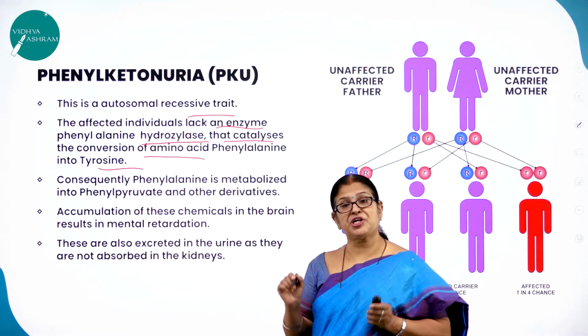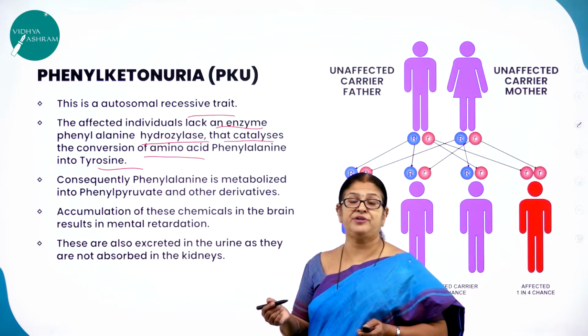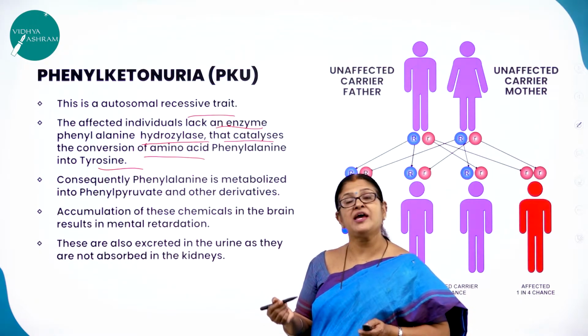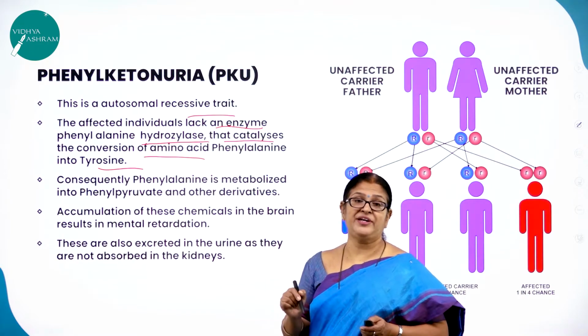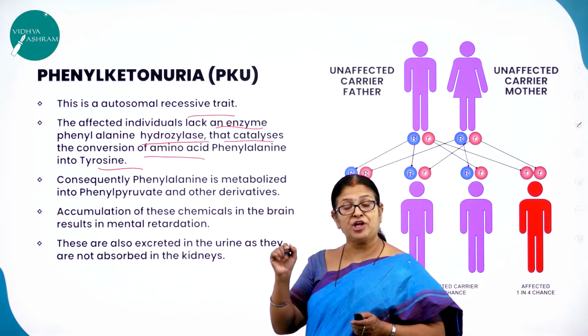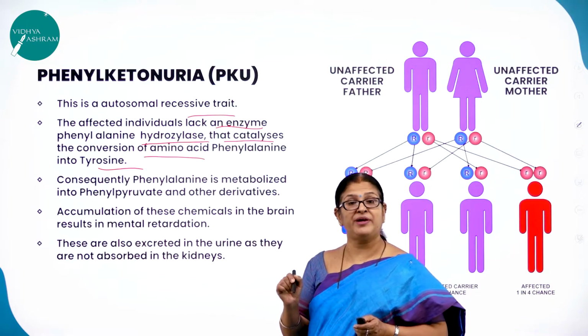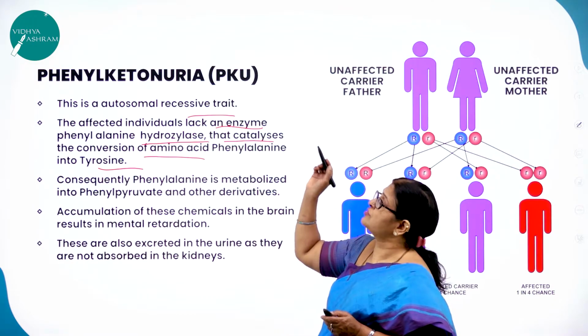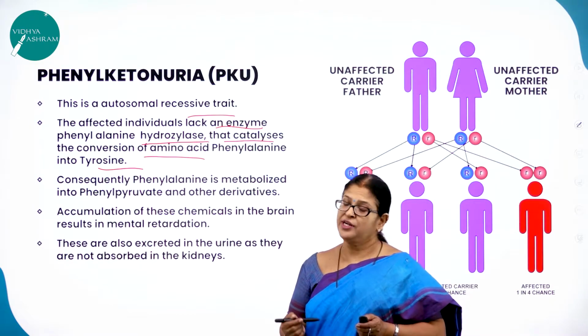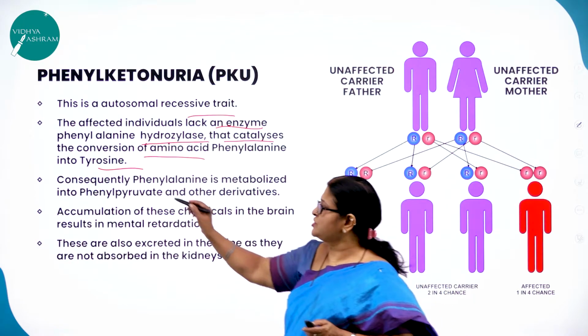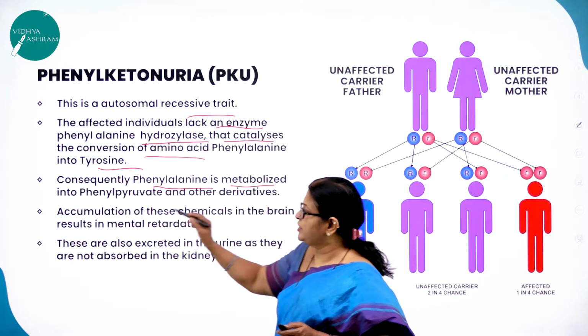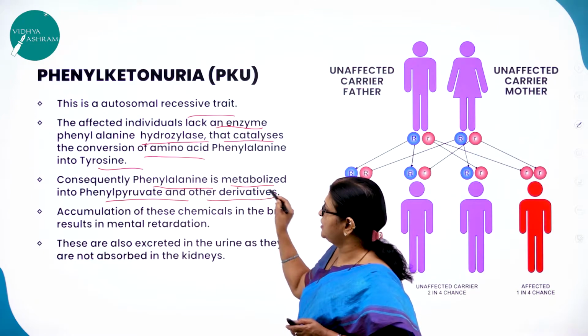So it remains accumulated, or it is converted into derivatives like phenylpyruvic acid. And these derivatives will go and accumulate in the brain cells, leading to mental retardation. Hence they are also referred to as what? PKUs, right? So consequently, phenylalanine is metabolized into phenylpyruvate and other derivatives.